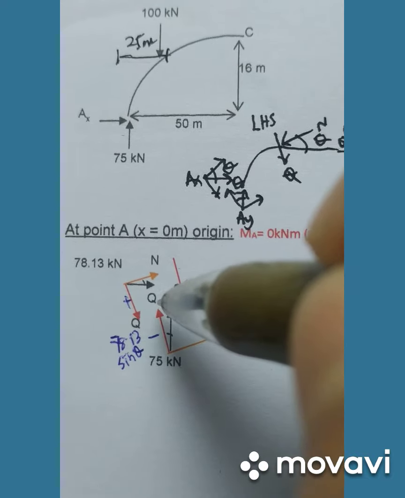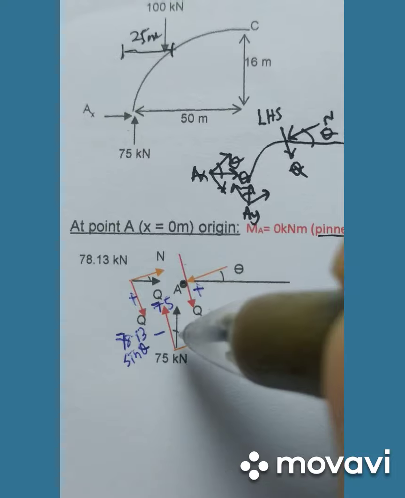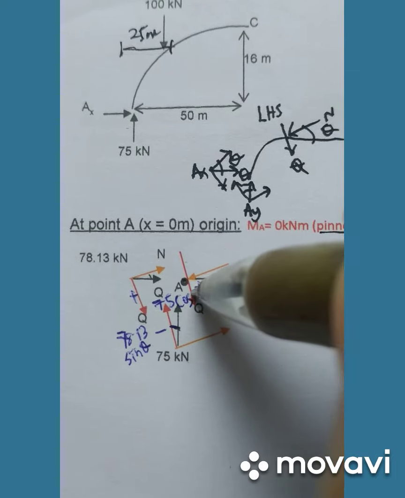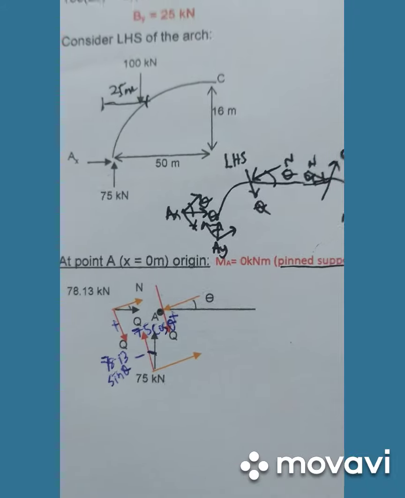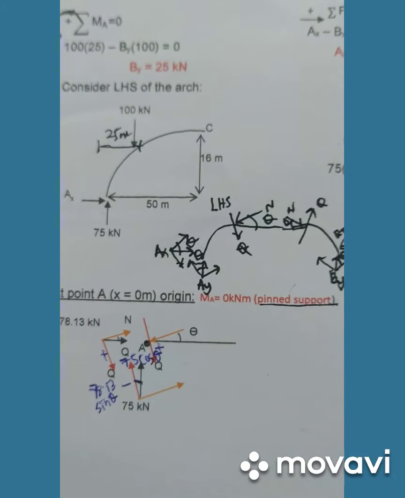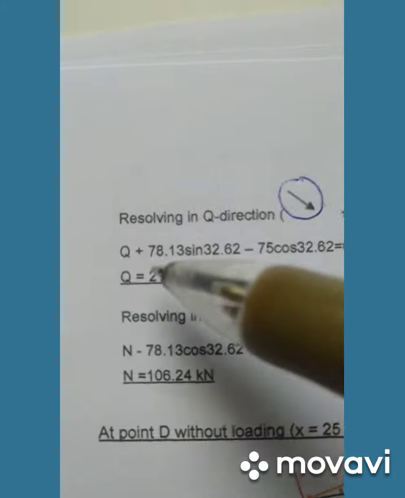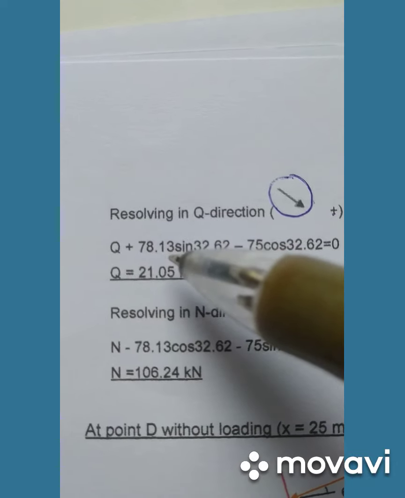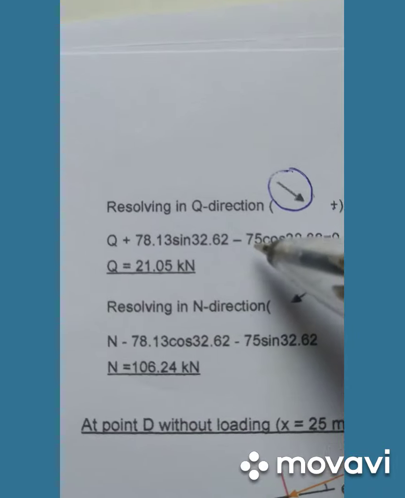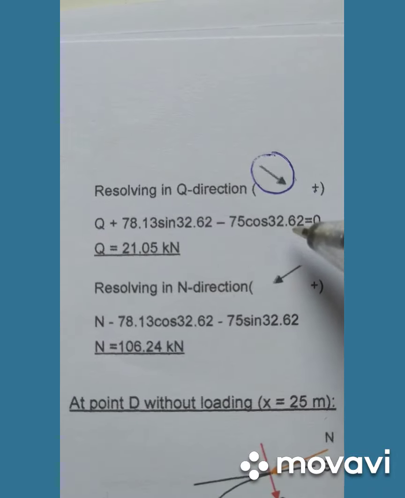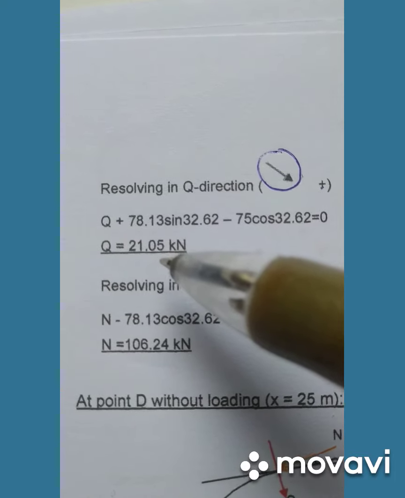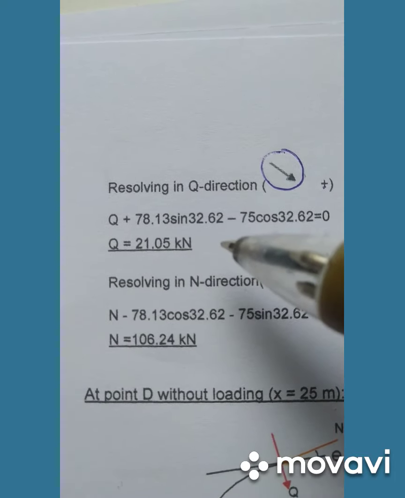This one is 75, and because this one is nearest theta, it is cos theta. So putting into the equation, Q is equal to positive 78.13 sin theta minus 75 cos theta. So we get Q equal to 21.05 kilonewton.